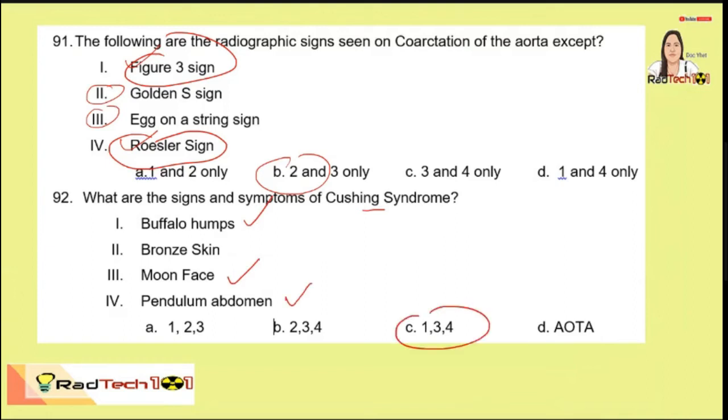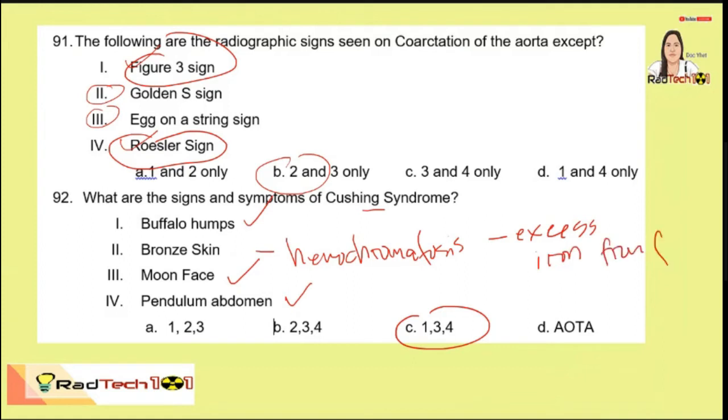The bronze skin is common in patients with hemochromatosis, where the body absorbs excess iron from food.